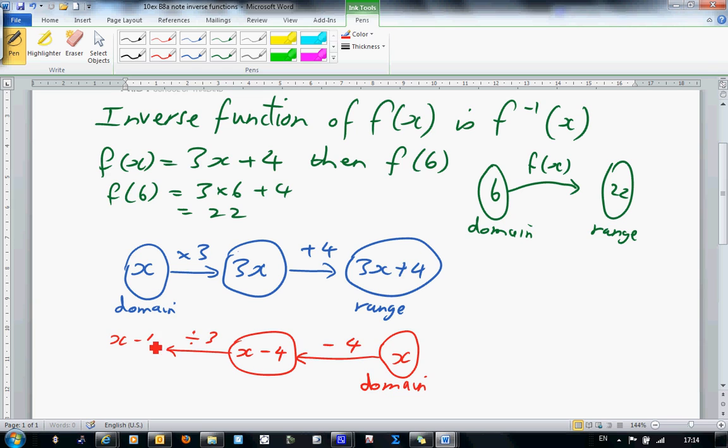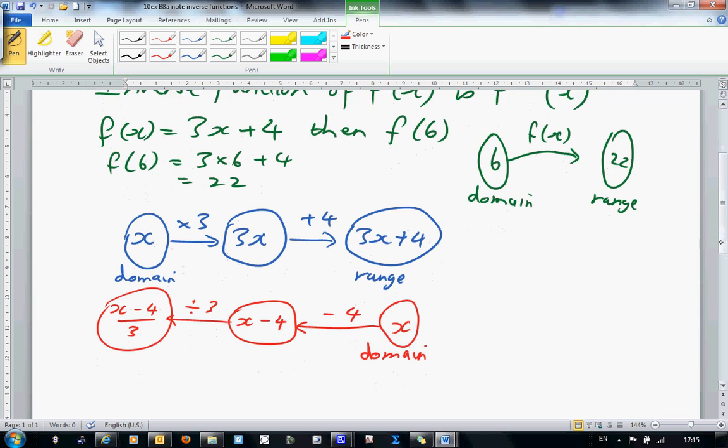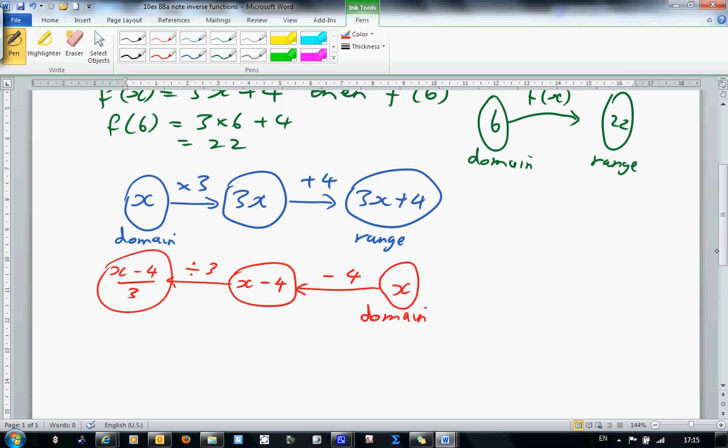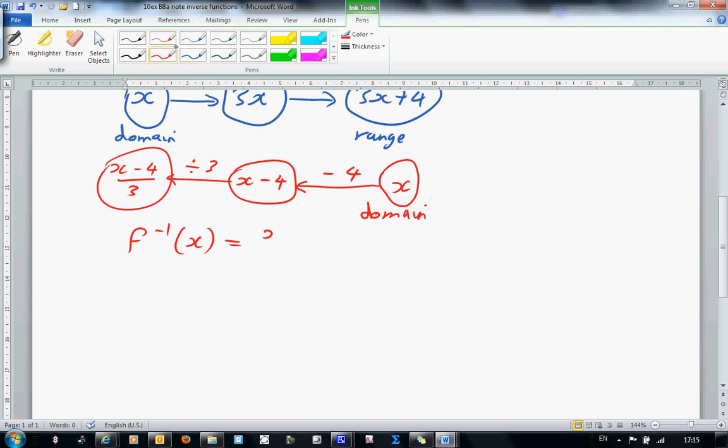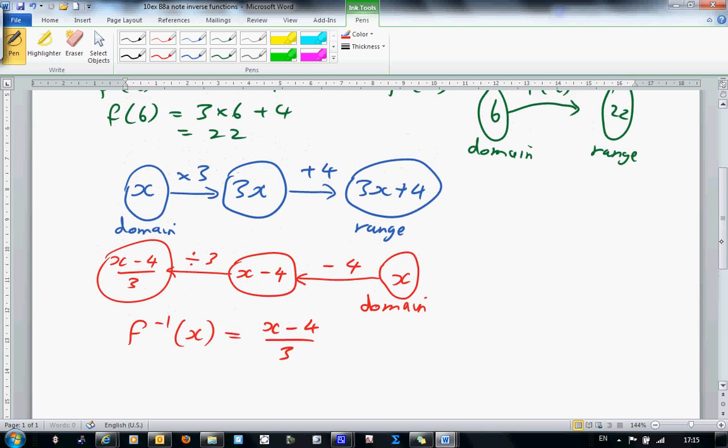Well, let's see if that one works. This is now our inverse function. Take a number, take away 4, and divide by 3, and there we have it. Now, using this over here, what we said was we're going to take 22 back home.